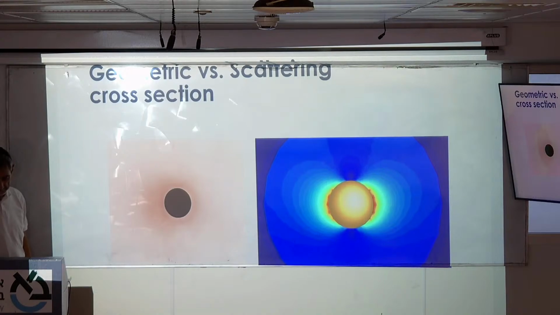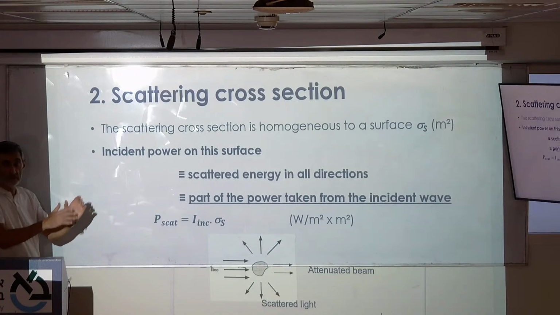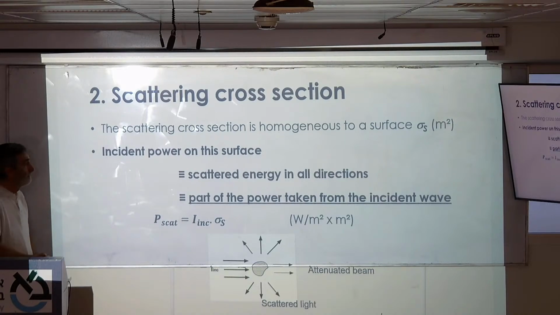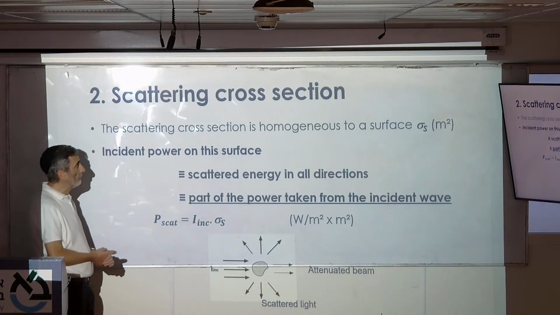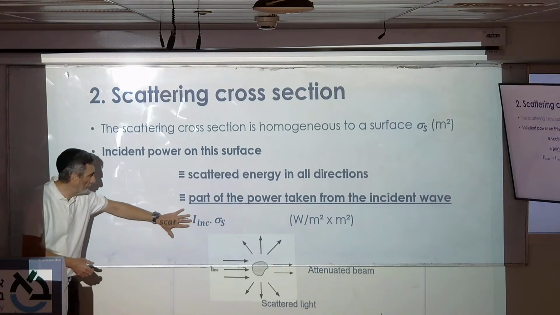So let's define this scattering cross-section. First, very important, the scattering cross-section is homogeneous to a surface. In the simple case of the geometric cross-section, that's the surface of the section of the scatterer which is seen by the light. In the case of the scattering cross-section, how do we define it? You can see it here.